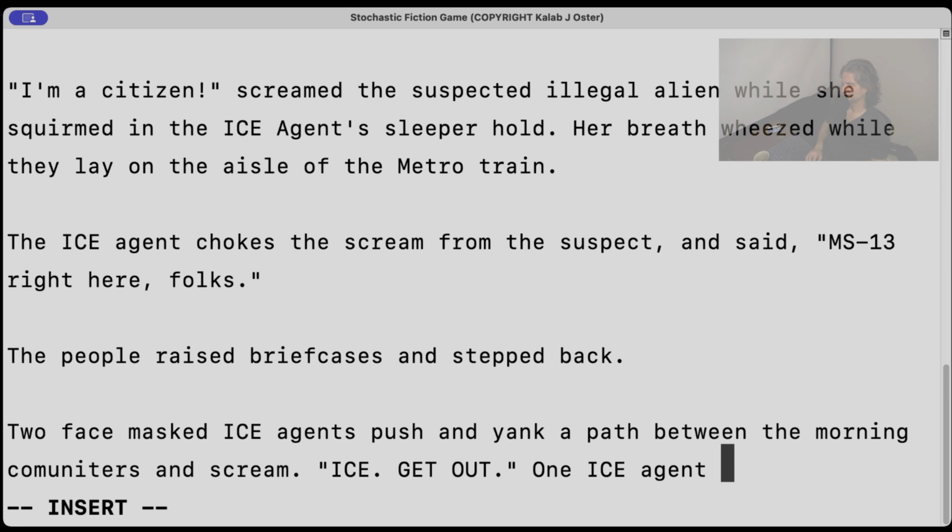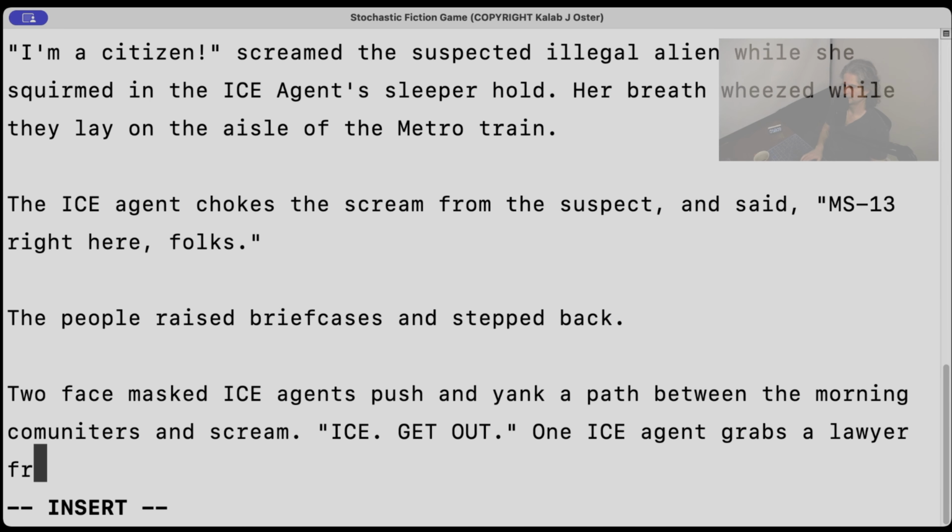One ICE agent grabs a lawyer from the firm Hodgkins and Ross by the neck.